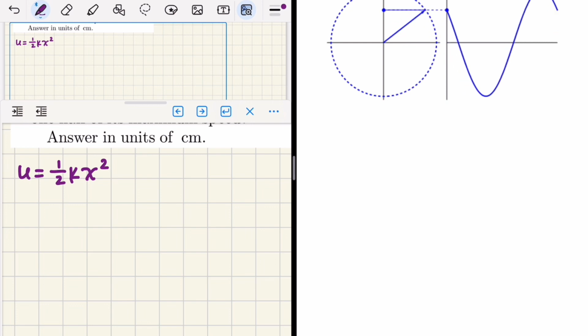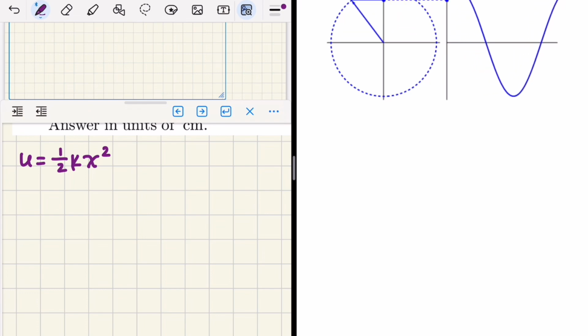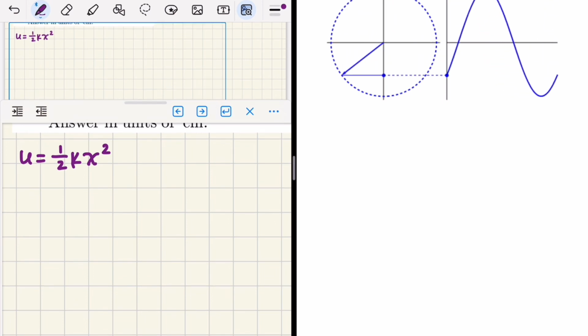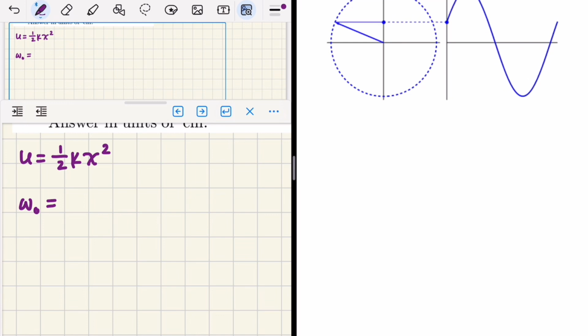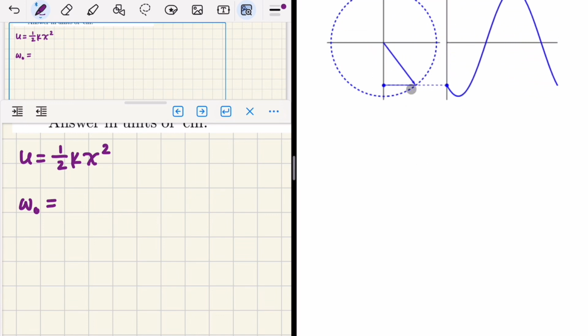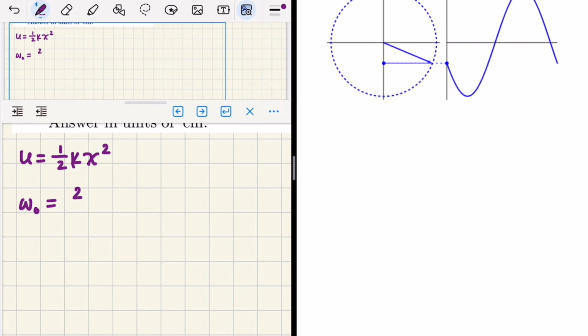Well, we can use the formula for angular velocity, angular speed, and we use the Greek letter omega. To make a distinction between the regular angular velocity we learned in Unit 5 and this one, I'm going to say omega naught. That's simply how fast we complete one cycle. And we know one cycle, when the wave starts over, we complete one full rotation. So the angular displacement would be 2 pi.